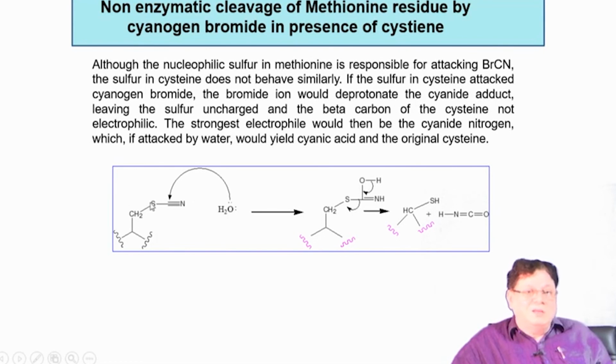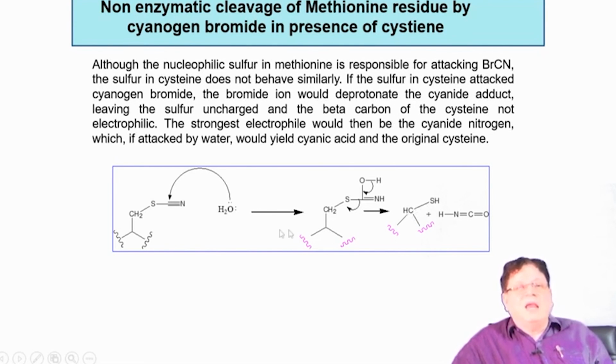In methionine it is Me, but in your cysteine, it is SH. So, the hydrogen is lost here. So, sulfur does not have any positive charge. So, it is not a good leaving group now, and then the ultimate result is the cyanide gets hydrolyzed. So, if the cyanide gets hydrolyzed, what you get is this hydrocyanic acid, and there should be a CH2 in between.